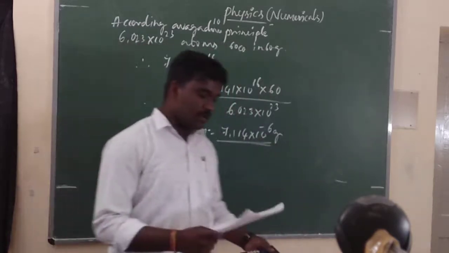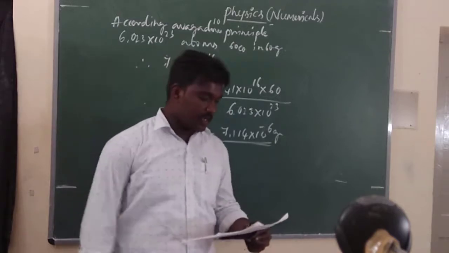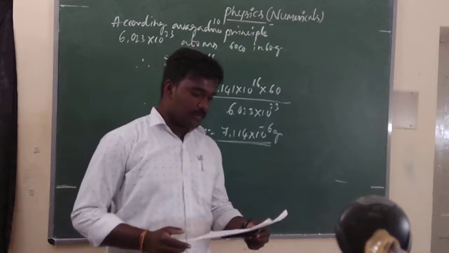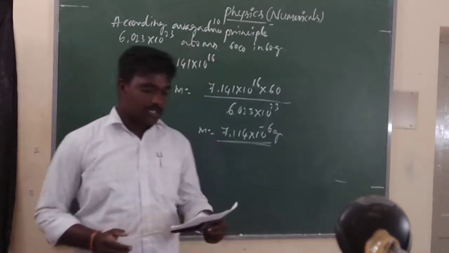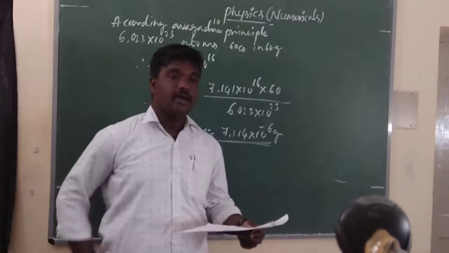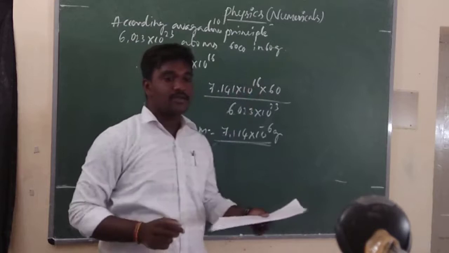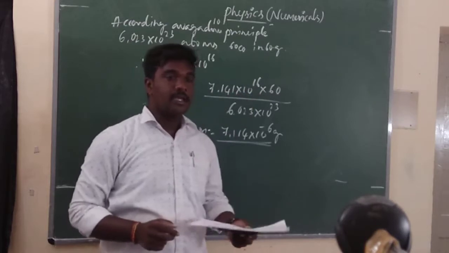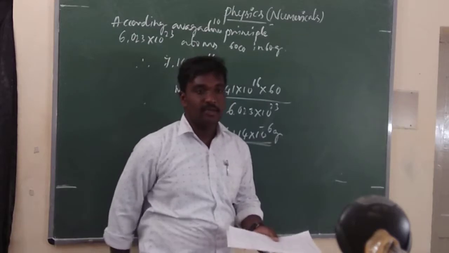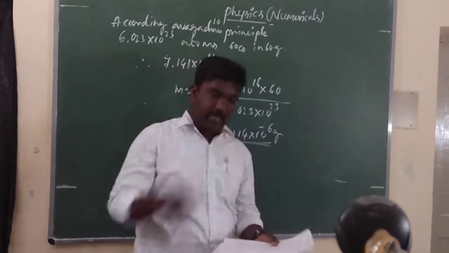This is the answer for this numerical. So first, obtain the amount of cobalt-60 necessary to provide a radioactive source of 8 millicurie strength, with half-life 5.3 years. First we calculate the activity: convert 8 millicurie, milli means 10 to the power of minus 3, and the value of curie is 3.7 into 10 to the power of 10.